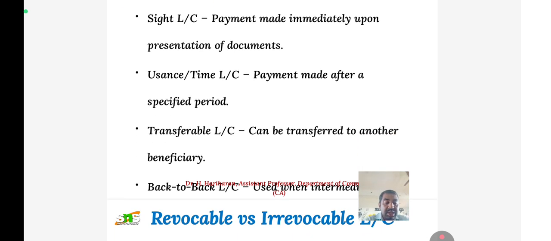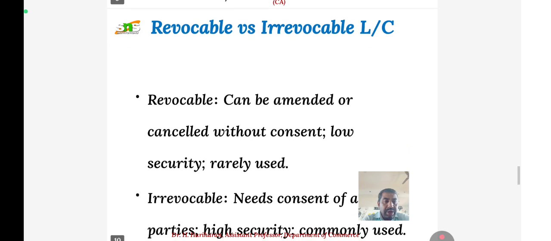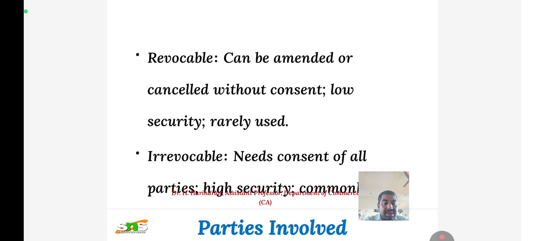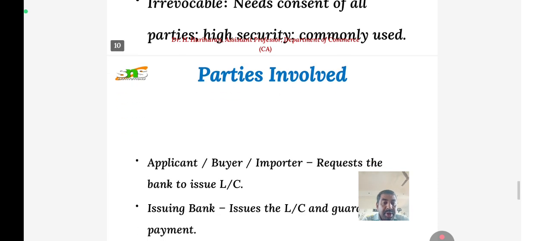Then there is bank to bank LC. Revocable and irrevocable, as already told, what is the difference? Revocable can be amended or cancelled without consent, has low security, and is rarely used. Irrevocable needs the consent of all parties involved.